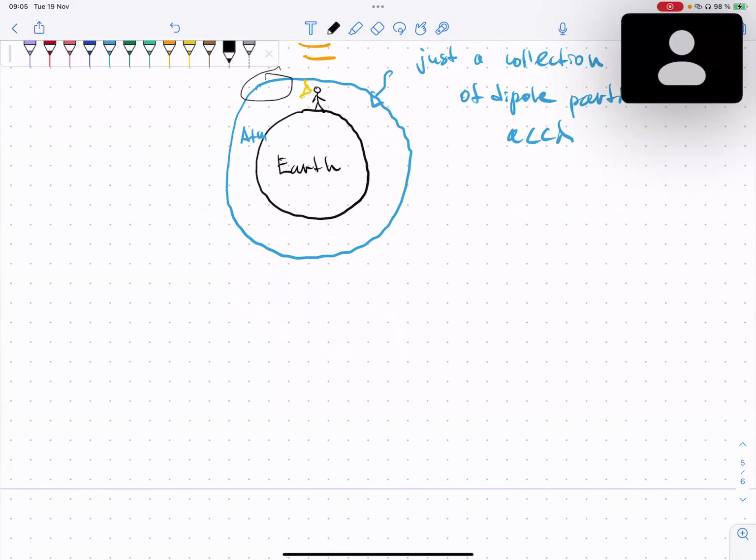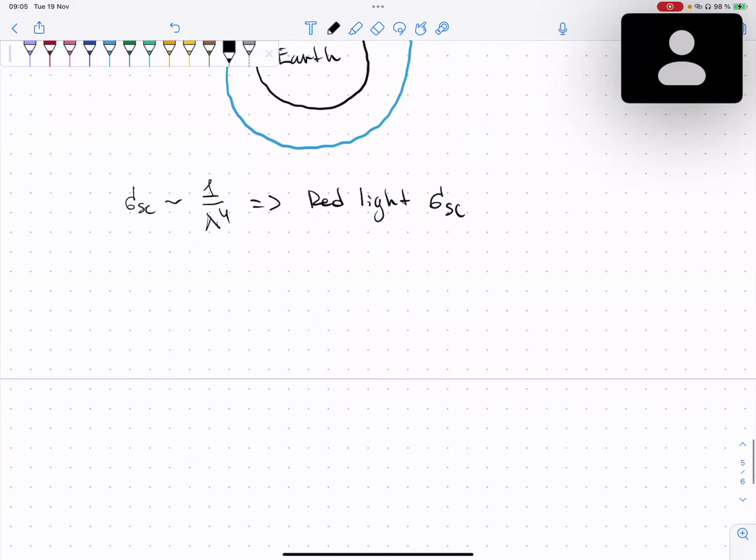This happens because the scattering cross-section is proportional to 1 divided by lambda to the 4th power, and it means that for the red light the scattering cross-section is much smaller than for the blue light.